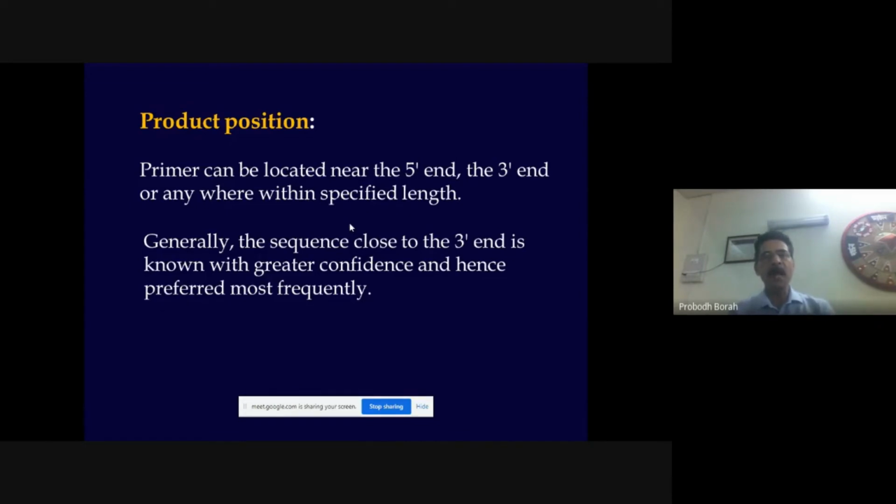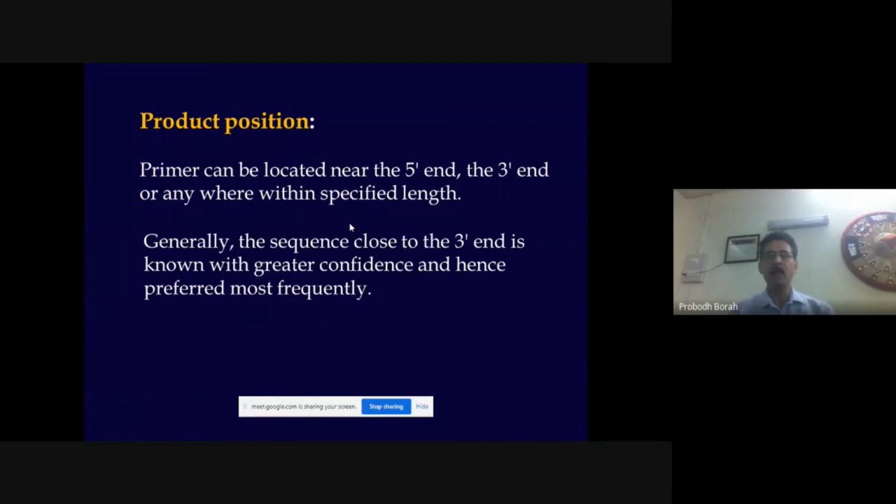Now, the question is whether our products should be representing the targets towards the 5' end or the 3' end, because the target is very large, say 1200 BP. Out of that, a 500 BP segment can be amplified targeting any part of the sequence. Maybe it represents the 5' end, maybe the 3' end, or maybe any central part. Now, the question arises, which part we should target?